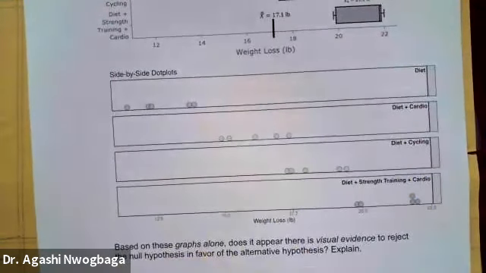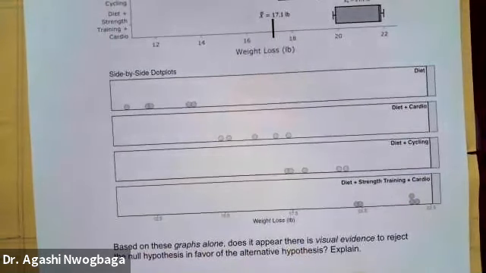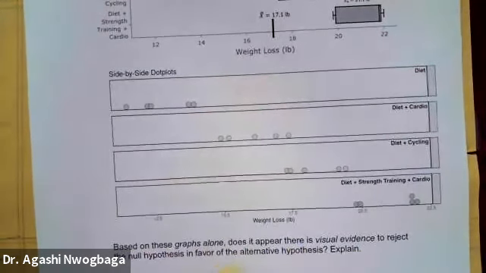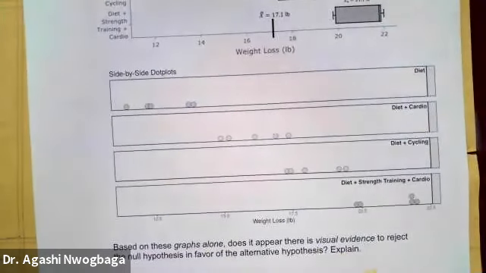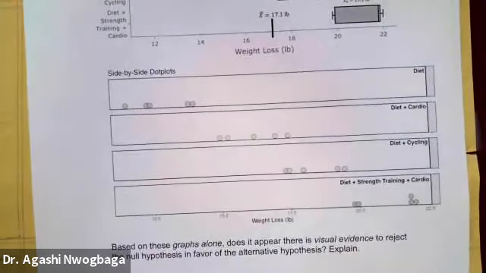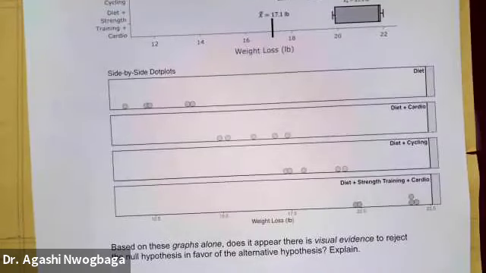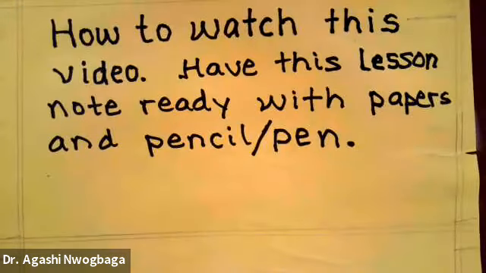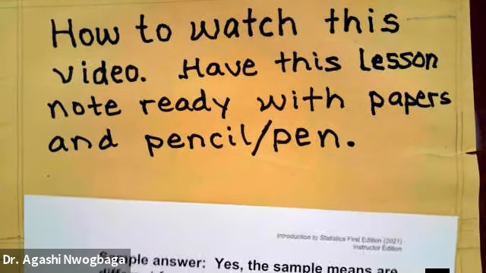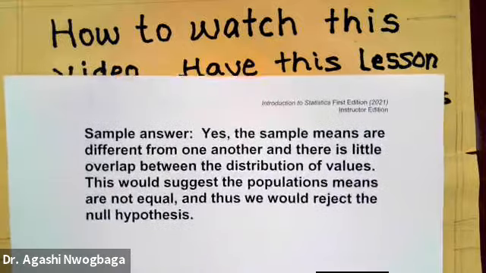Based on these graphs alone, does it appear there is visual evidence to reject the null hypothesis in favor of the alternative hypothesis? Please explain. Answers will vary. This is a simple answer.